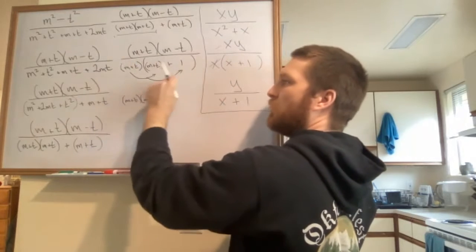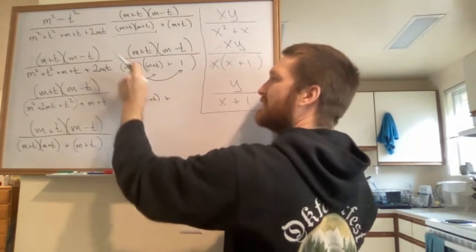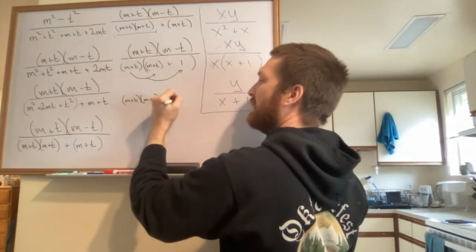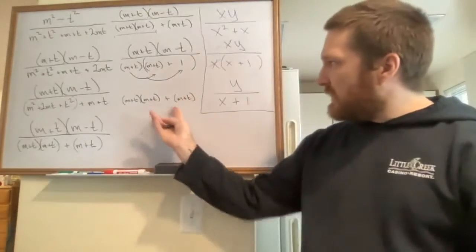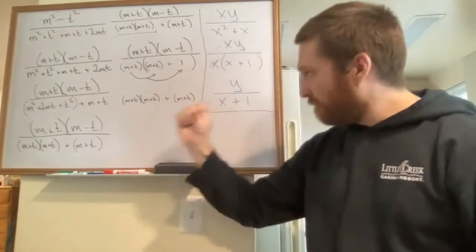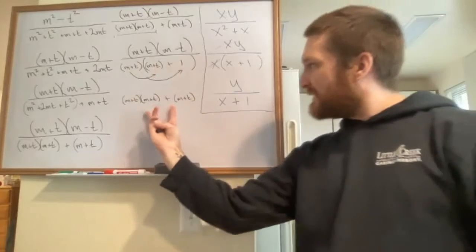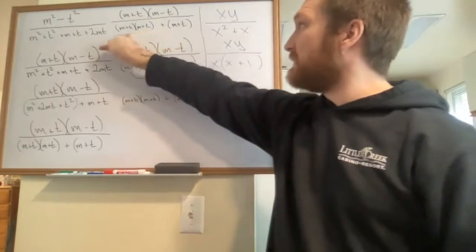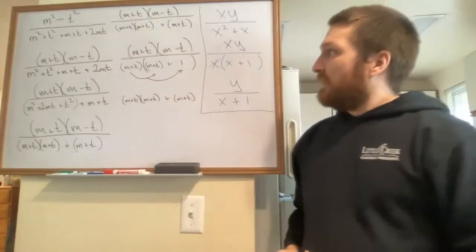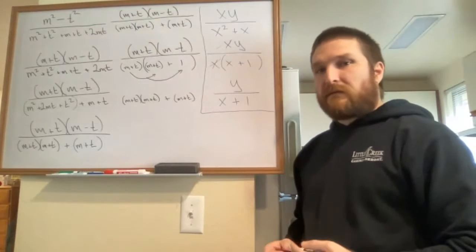Then he jumps over the plus sign, hits the 1, and I get an m plus t, like that. And then I could see that that thing is the same thing as that, which is that right there. Does that make sense? Yes.